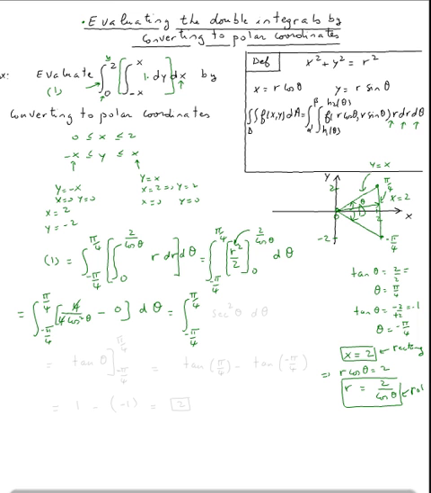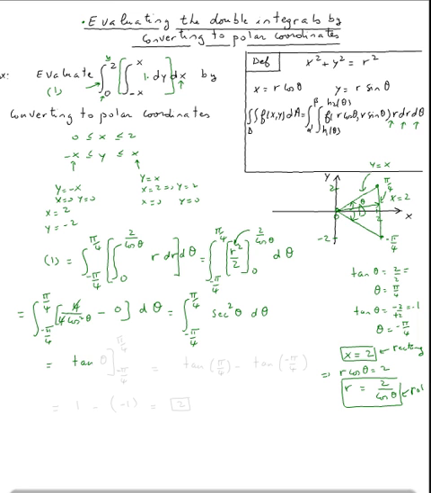We simplify that and get the integral from negative pi over 4 to pi over 4 of 1 over cosine squared, which is secant squared theta d theta. That would be just tangent, because the derivative of tangent is secant squared.